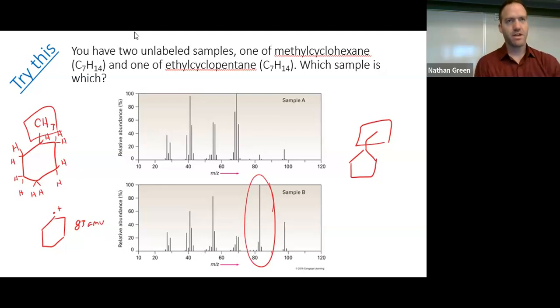Before I move on, does that make sense? I took a methyl group off of this. I said, here's a piece. It's there. By the way, that's a fragment that I just identified. What else is in the circle? The base peak. Where's the parent peak? There.